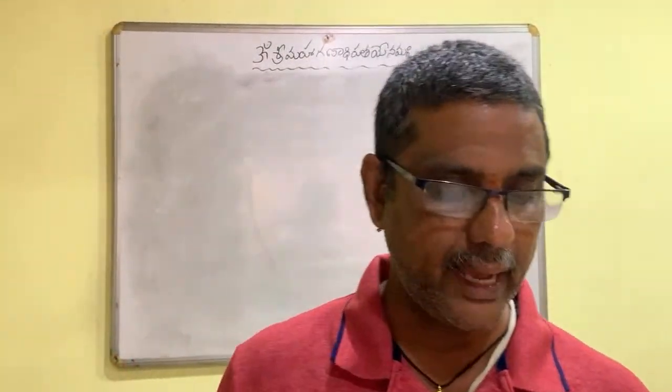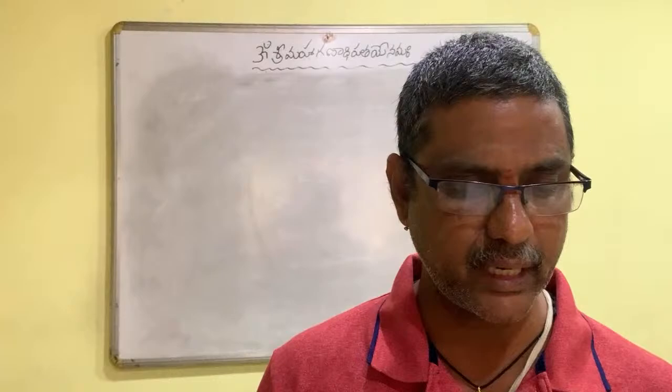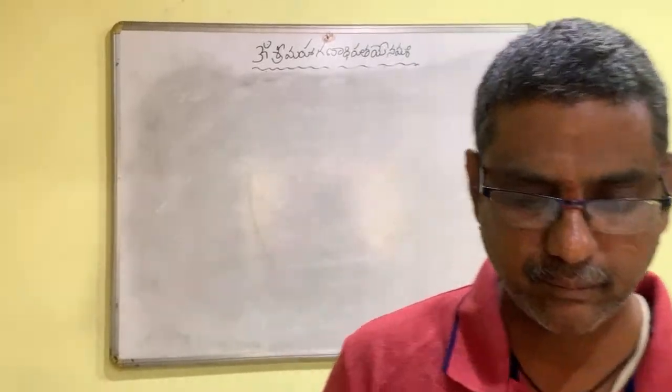Next question. In triangle ABC, AD is the perpendicular bisector of BC. Show that triangle ABC is an isosceles triangle in which AB is equal to AC.